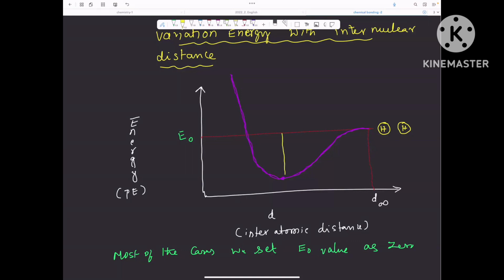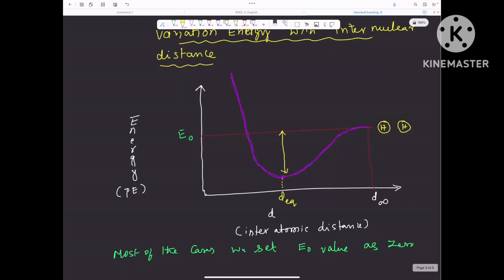The decrease in energy, we denote this D as D equilibrium, which is here.